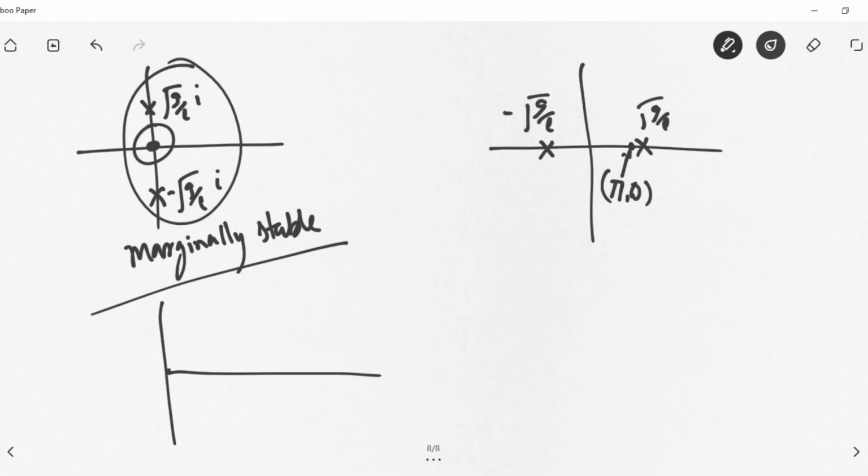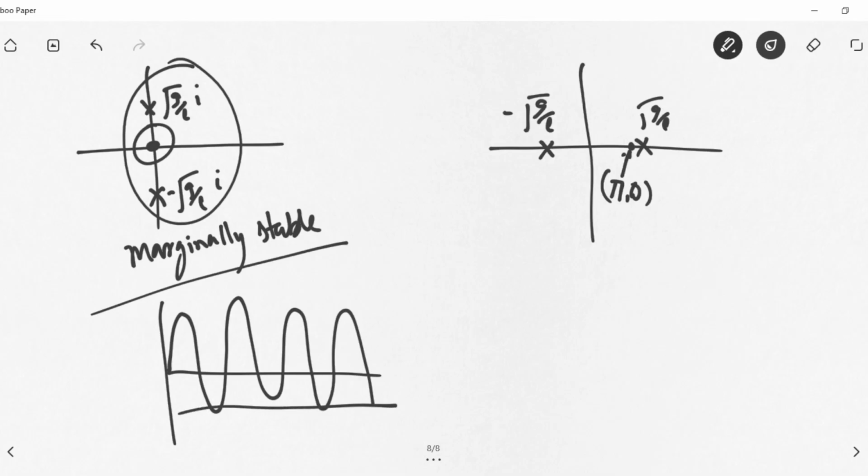For a marginally stable system with two roots on the imaginary axis, the output response is undamped. That means oscillatory behavior is exhibited, sustained oscillations, which is what we see in a simple pendulum.